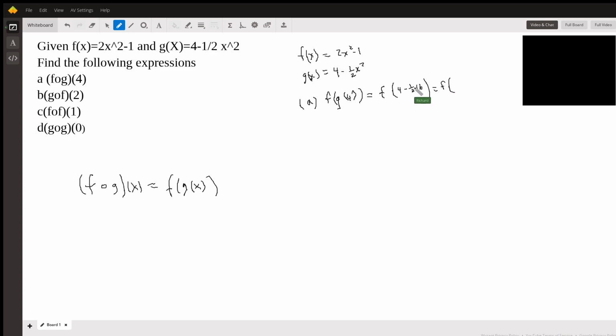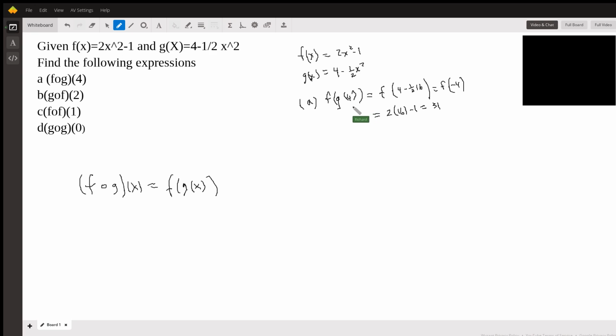So 1/2 of 16 is 8, so it's -4. Now we just plug -4 into the top here, and that's going to be 2 times 16 minus 1, so it's going to be 31.